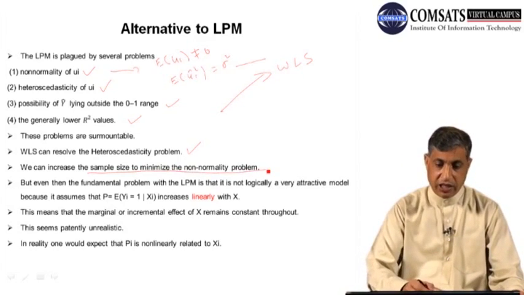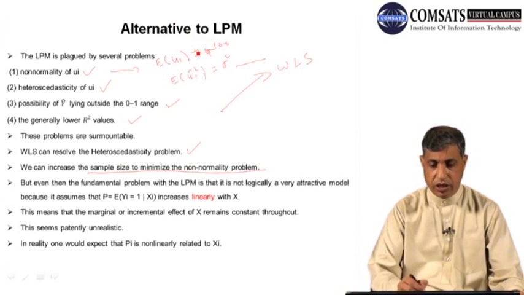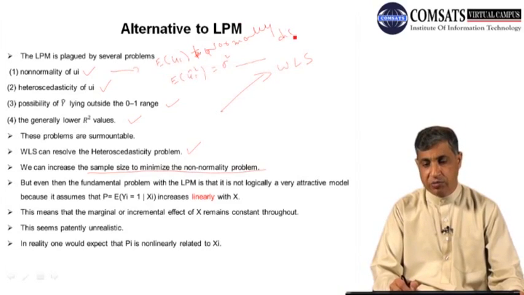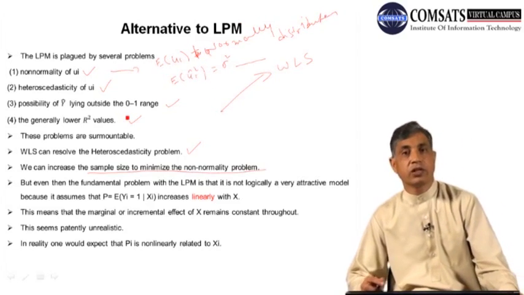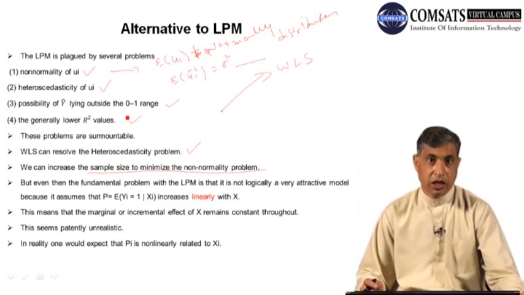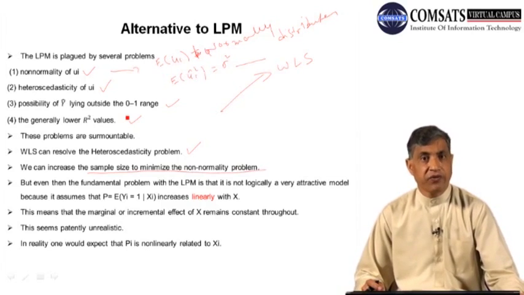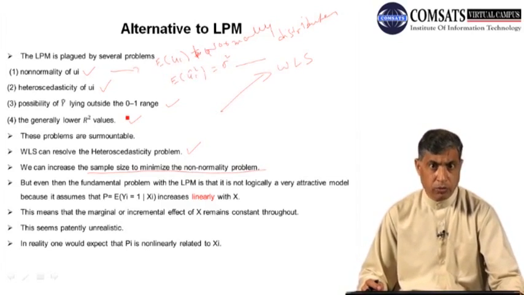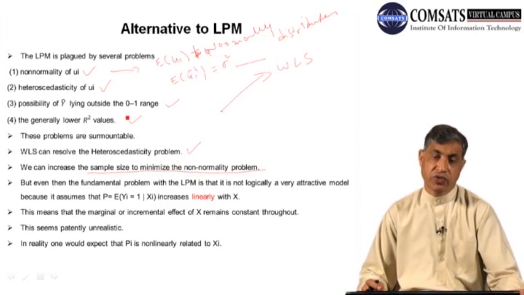There is this normality problem, that is, the errors are not normally distributed. To avoid this problem, first on one problem you tried to control it: if the error variance is changing, you can apply the WLS, and the LPM is still valid.